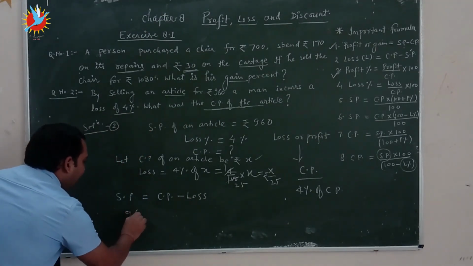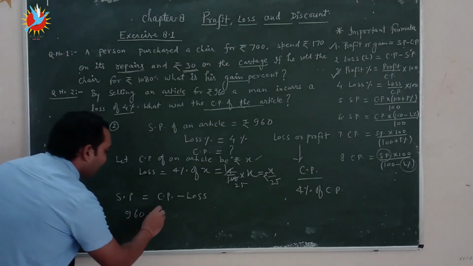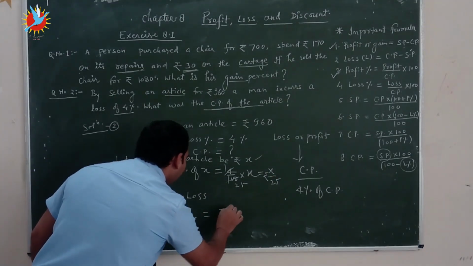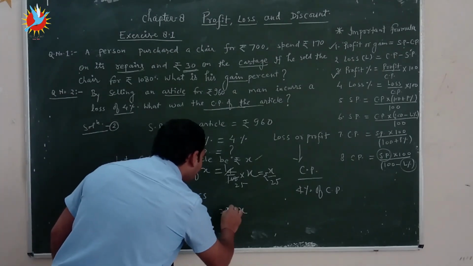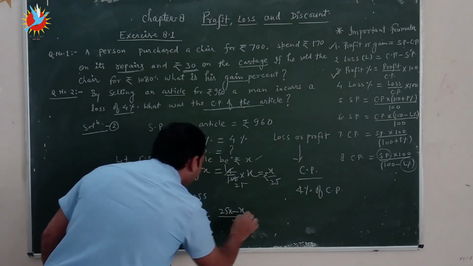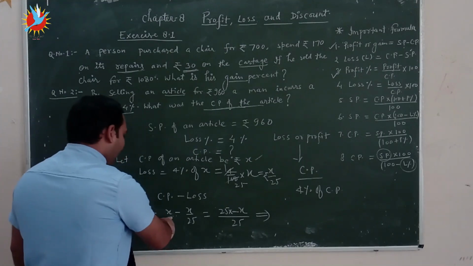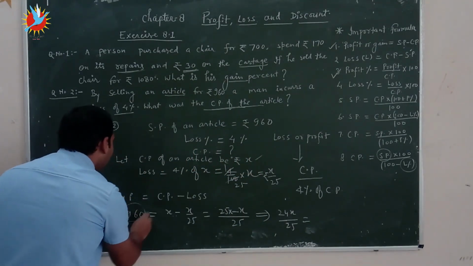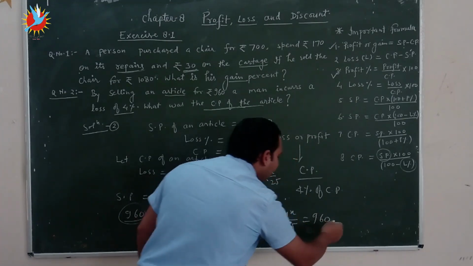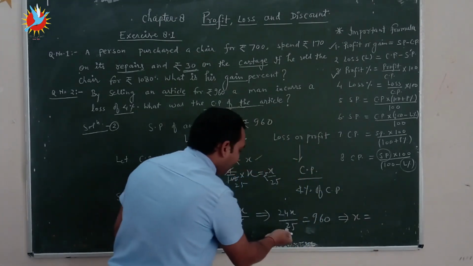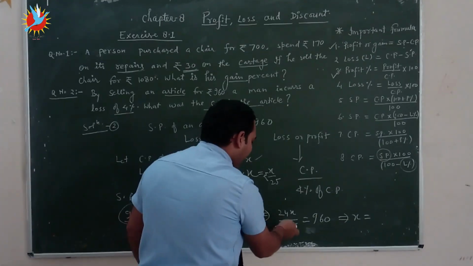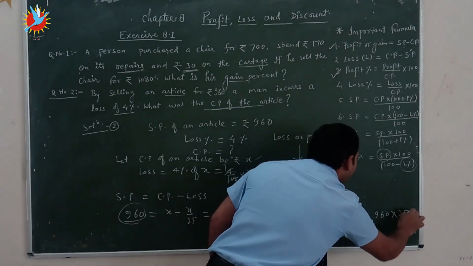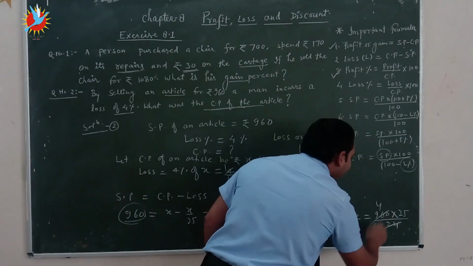So 960 is equal to X minus X by 25, which is 25X minus X upon 25, that is 24X upon 25, which is equal to 960, the SP. This implies X is equal to 960 into 25 upon 24. 24 times 40 is 960, and 25 times 40 is 1000.